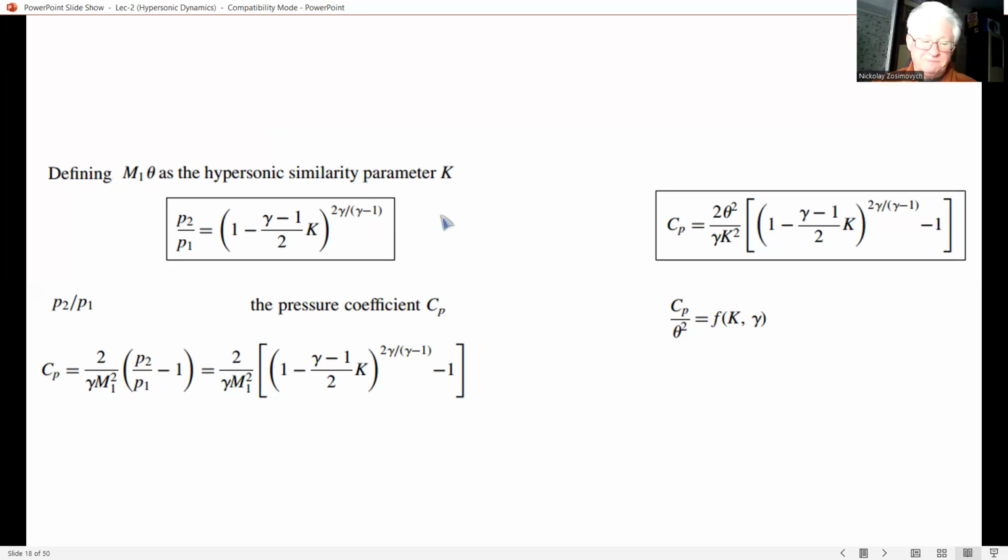This equation is for the expansion wave, as before for the shock wave. In both cases, the pressure ratio P2 over P1 is a function of K and gamma. Yes, we have only two parameters, as you can see.